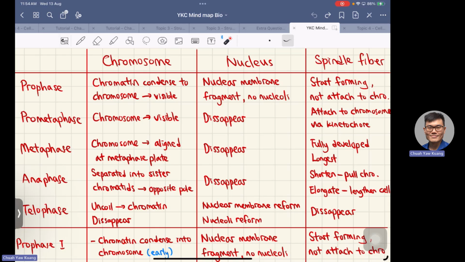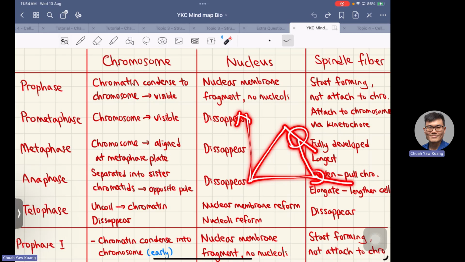Okay. So that is two different things. But when it comes to analysis of the graph, let's say it's a graph like this. We only look at the length of the spindle fiber that is connected to the chromosome.